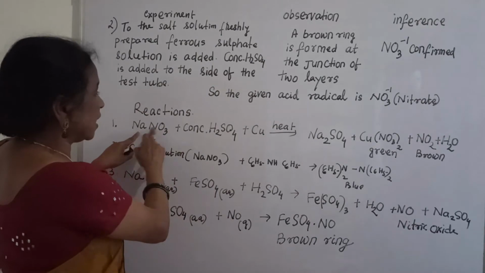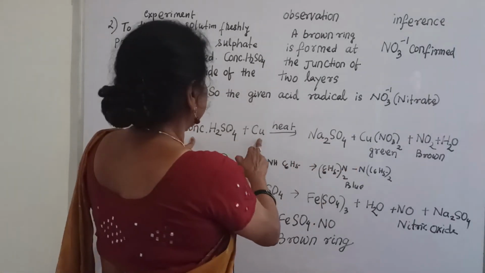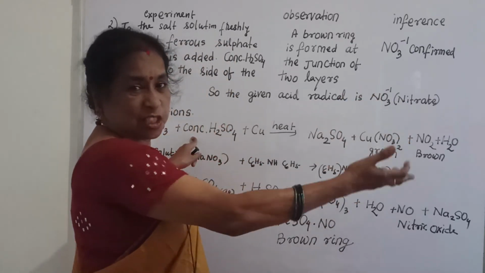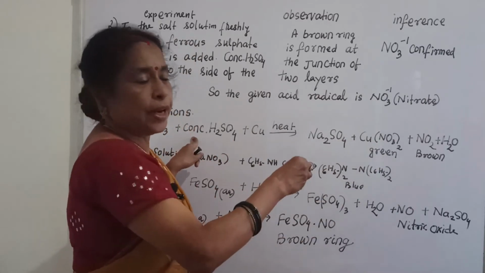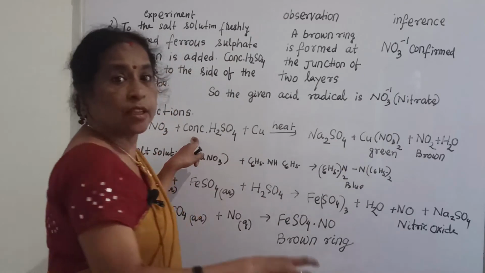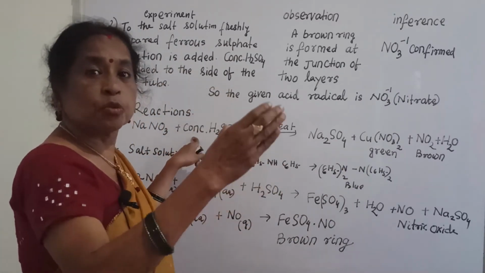Since sodium is there, sodium sulfate is one product, and since copper is there, copper nitrate, that is cupric nitrate. Actually it is known as copper nitrate, but when you come to the formula it is cupric, because copper has valency +2. Cupric nitrate, that color is green, that is why the solution turns green.